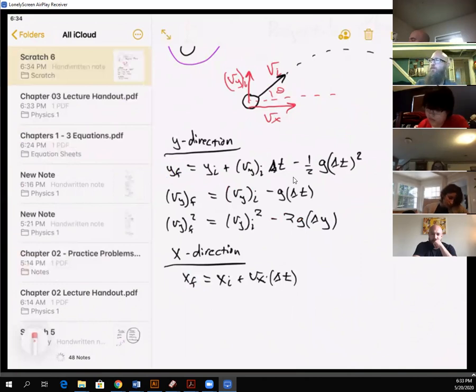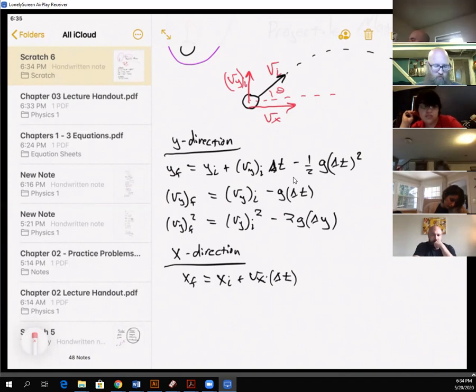So you cannot plug the off-axis velocity into either one of these equations. The Y direction equations require Y direction information, and the X direction equation requires X direction information. So the variable that they have in common is time, right? Time doesn't have a direction, so it shows up in both sets of equations.